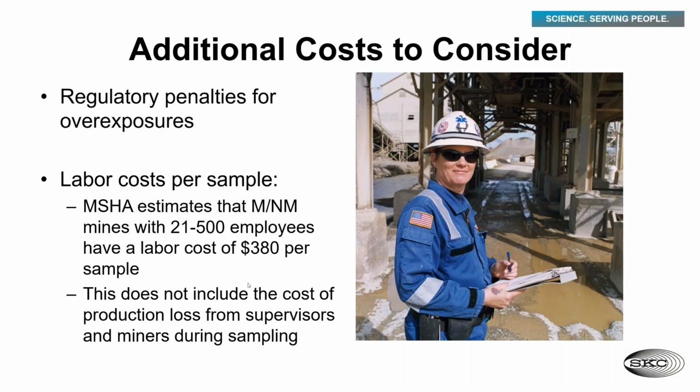What I thought was really interesting in the MSHA final rule is they give a really good breakdown of how much they calculated sampling to cost, not from an analytical point of view, but just from a labor point of view. If we look at a mine site that has between 21 and 500 people, they calculated that each sample you take costs $380.